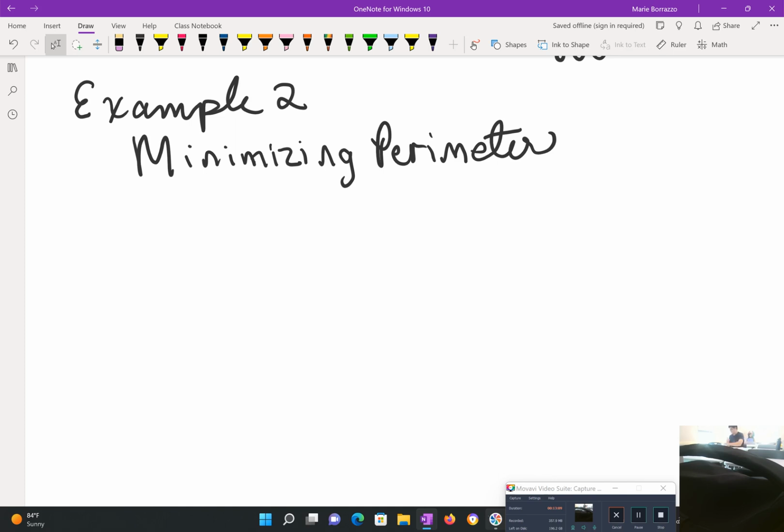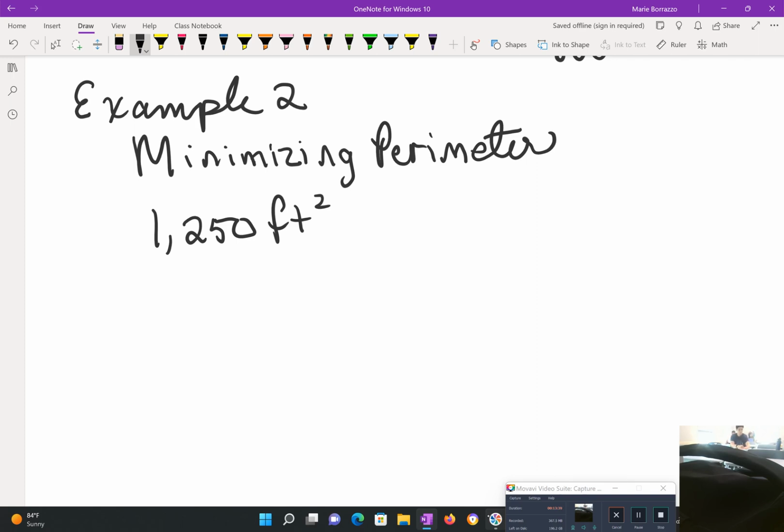So, reading the question, referred to example 1, the homeowner judges that an area of 800 square feet for the garden is too small and decides to increase the area to 1,250 square feet. What is the minimum cost of building a fence that will enclose a garden with an area of 1,250 square feet? What would the dimensions be?